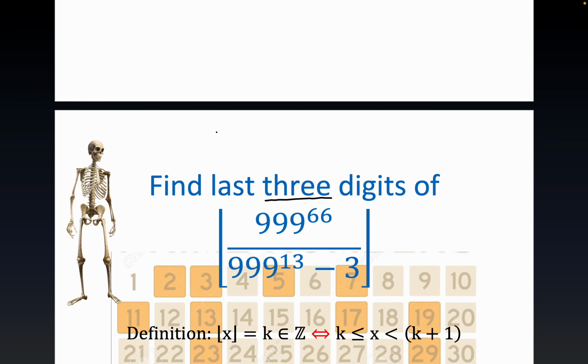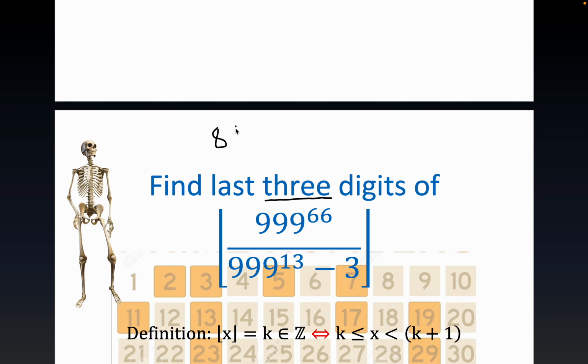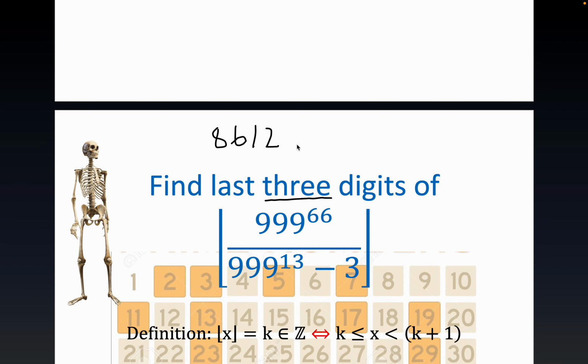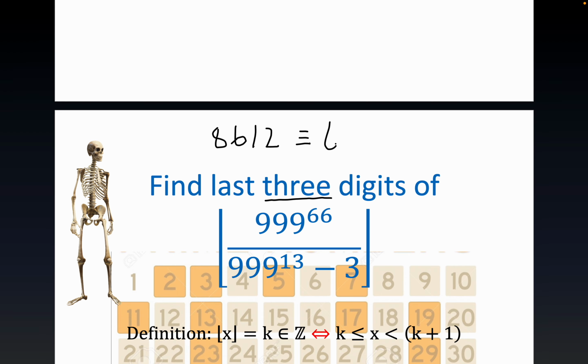Notice, let me just make up something here. What if we had 8,612? Okay, now notice that this is congruent to its last 3 digits for the appropriate choice of modulus.